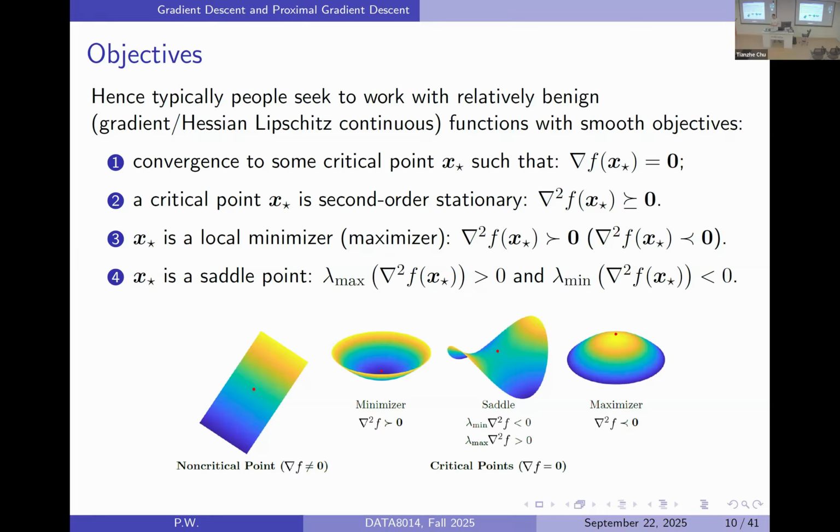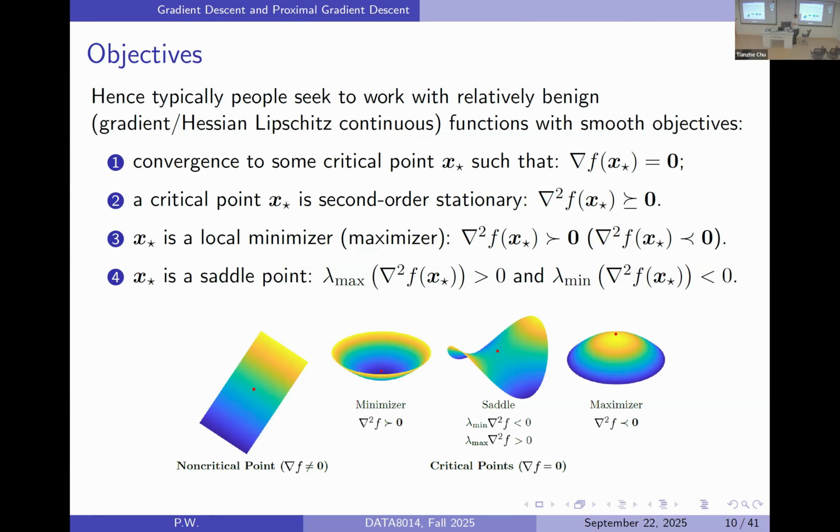And it is a local maximizer if it's negative definite, that is, x transpose A x must be negative for any nonzero x. Okay. And further, we can define the saddle point.